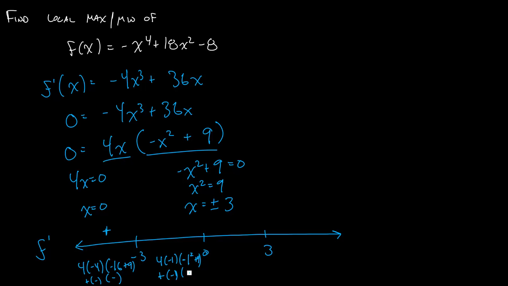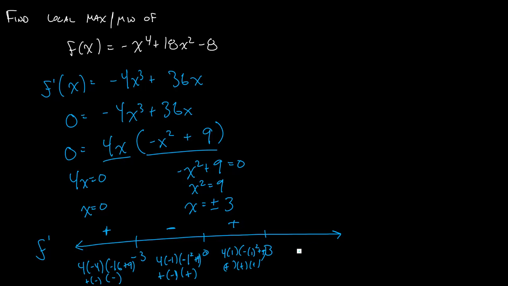Negative 1 plus 9 is 8. And so this whole thing here will be negative. Let's check another interval. Let's try plugging in 1. So 4 times 1 times negative 1 squared plus 9. Here I will get a positive times a positive times a positive. Here I'll get positive.